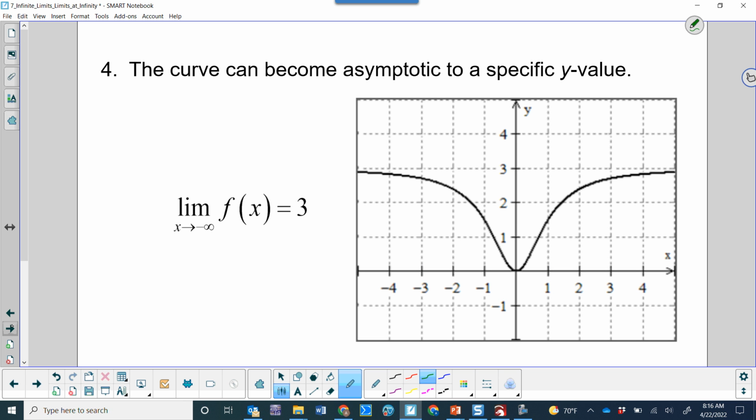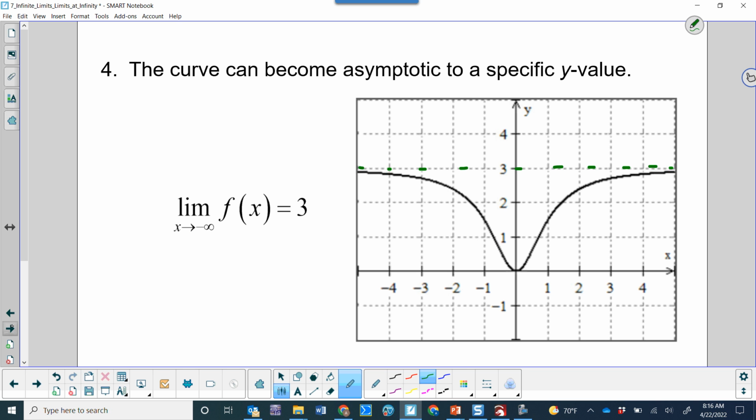The other option is the curve can go specifically to a value, like you can imagine there being a horizontal asymptote here. You can see it flattening out. So those are the 4 possible outcomes as you look to the right and left. It either goes up, it goes down, it goes toward the x-axis, or it goes towards some other horizontal line. That's the only possible manner.